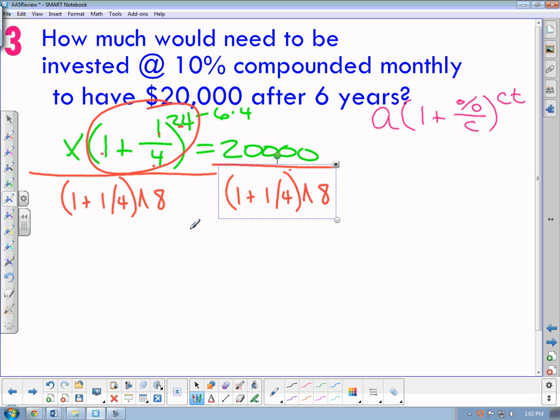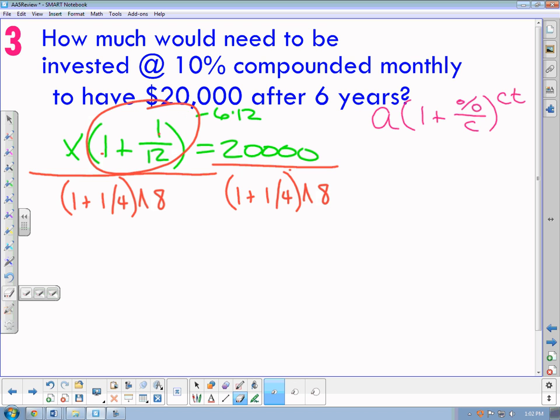And now, once you do that, oh, wait a minute. We're compounding monthly, so that is not 4. Monthly is 12. And so that turns into 72. Holy cow.